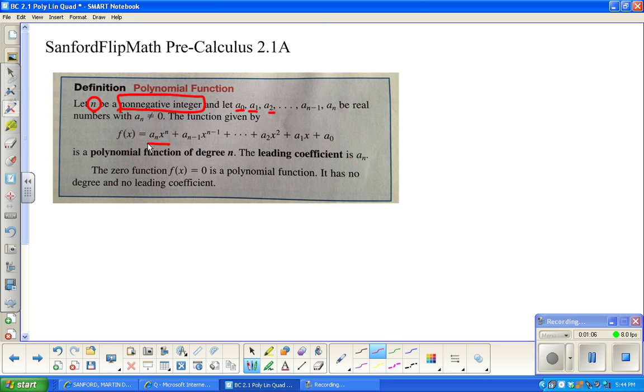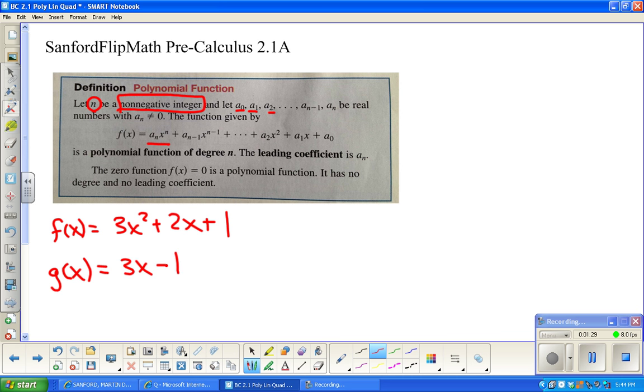They could be fractions, they could be negative, they could be positive. And so basically this is just saying that a polynomial is any version of this. So an example might be f of x equals 3x squared plus 2x plus 1. That's a polynomial. G of x equals 3x minus 1 is a polynomial.